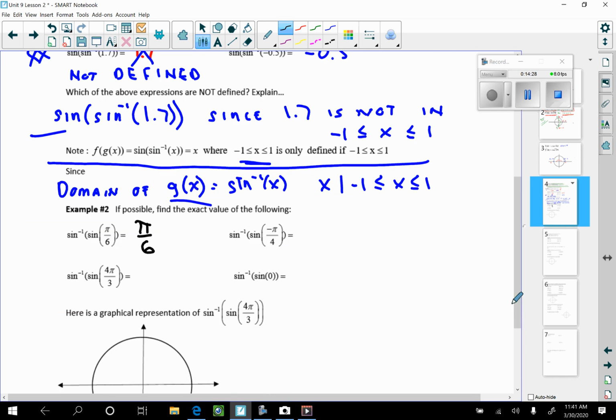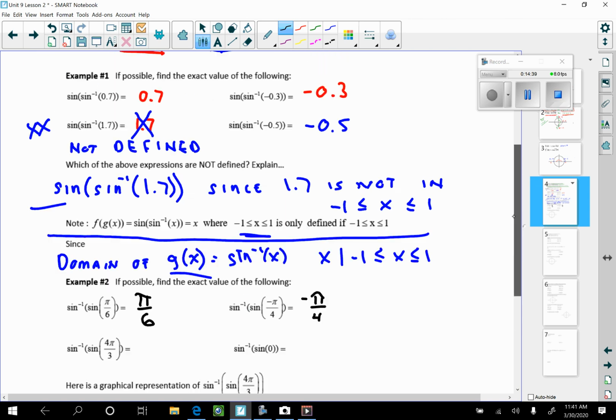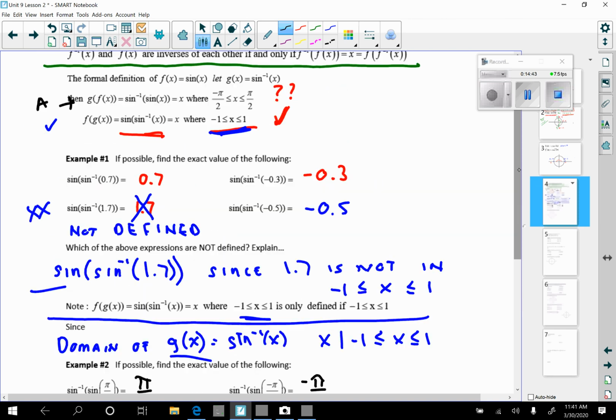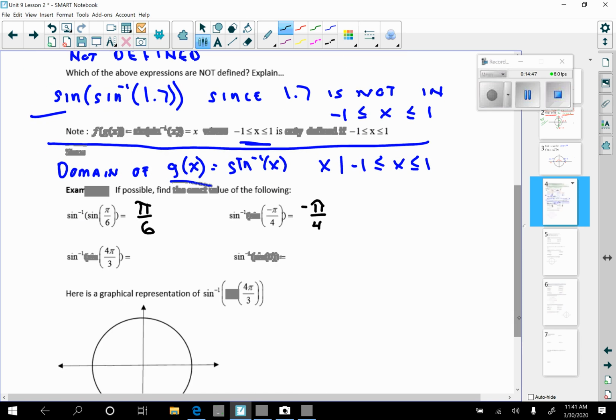Oh, yes it is. So this is easy. Let's jump down here and do inverse sine of sine of 0. Is 0 between -pi/2 and pi/2? You betcha. So this guy here is 0.